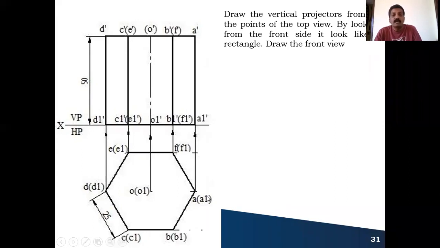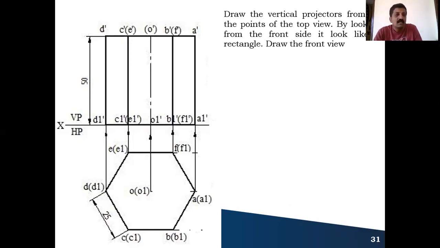Similarly, A1, B1, C1 and D1, the bottom corners, you can see, you cannot see E1 and F1. That's why E1 dash and F1 dash should be written within the bracket. So this is how you have to complete the initial position, a true shape diagram, front view as well as the top view. The axis line you can extend from here to here, and you have to represent it as the axis line representation.